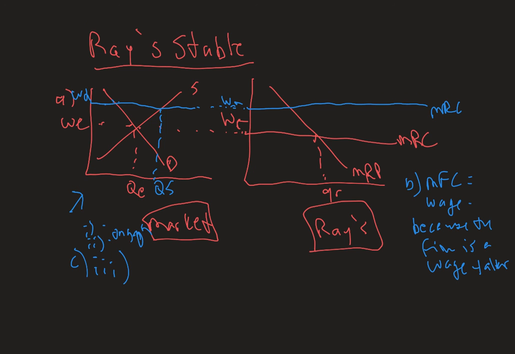If we look at the new place where the quantity of workers will be hired for Raise Stable, the profit maximizing quantity is now happening at not only the higher wage, because there's now a higher minimum wage, but the MRP of the last worker hired is also going to be greater than before, because the quantity has actually decreased. Okay, so this last one is that the MRP of the last worker hired should increase based on the increase in the minimum wage.